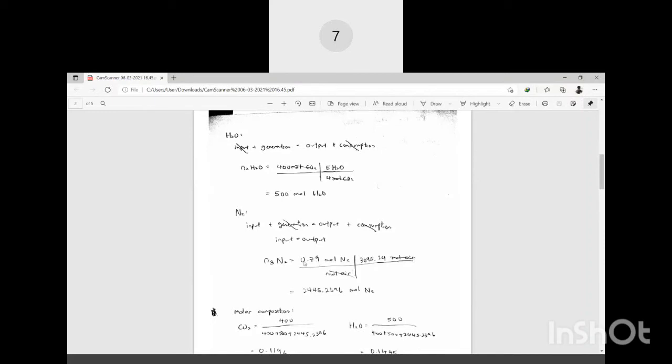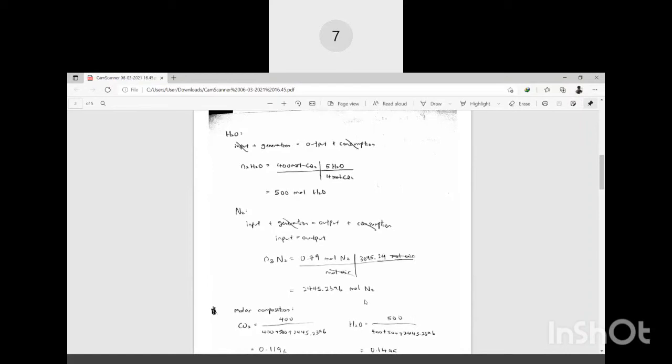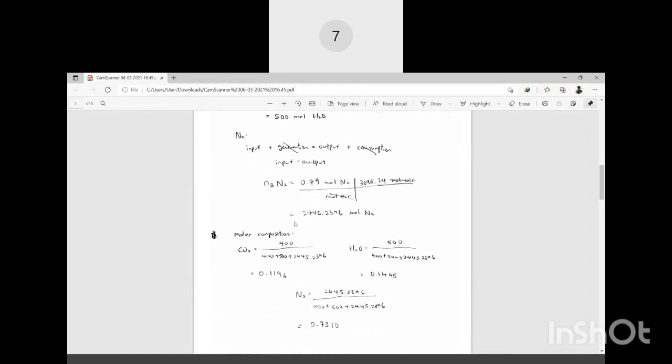We can just multiply 0.79 mole nitrogen per mole of air by the mole of air, because we have 0.79 mole nitrogen in our air, excess air. So this is my mole of nitrogen. So the question wants the molar composition, which is also called the molar fraction.